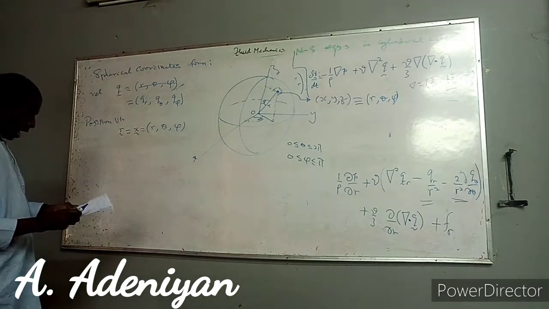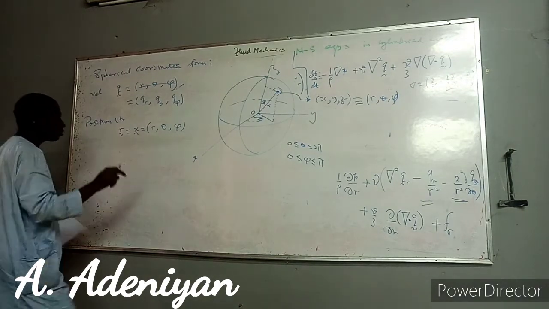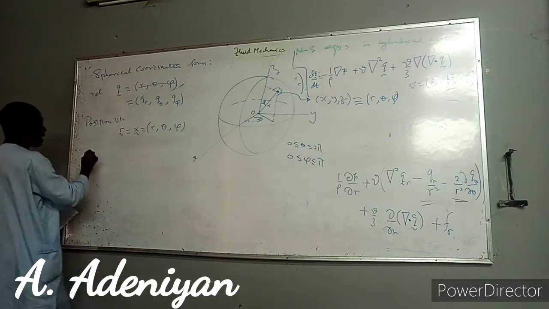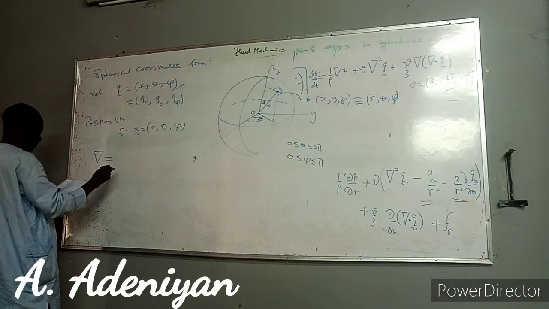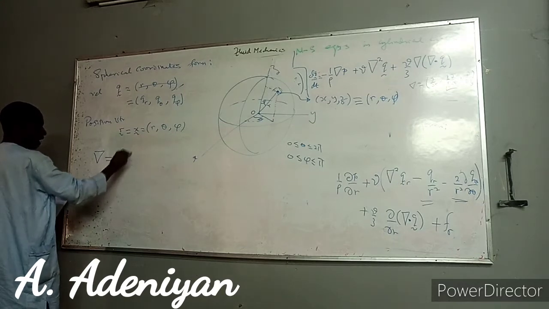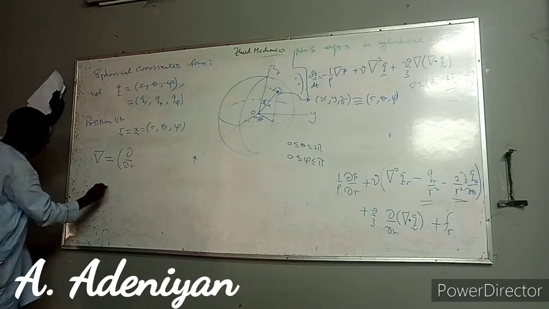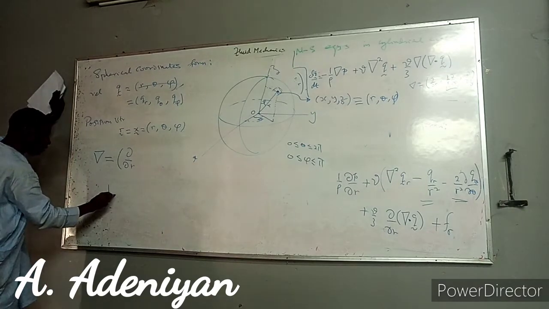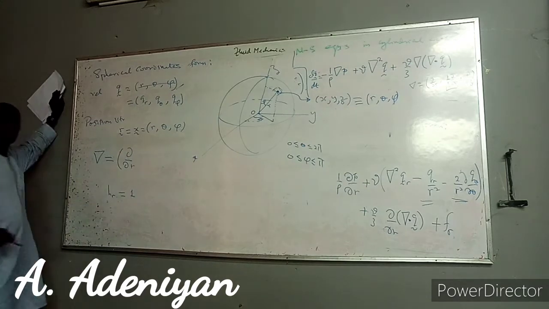And another important thing is what the Nabla operator is in this system, because when you are transforming. In the spherical coordinate system, h_r is 1.